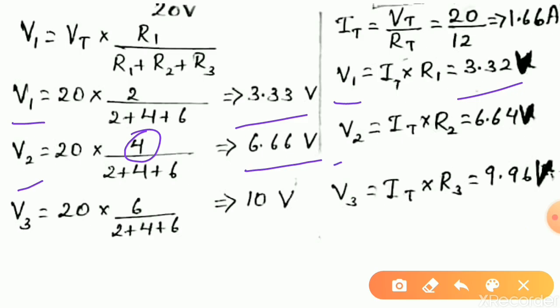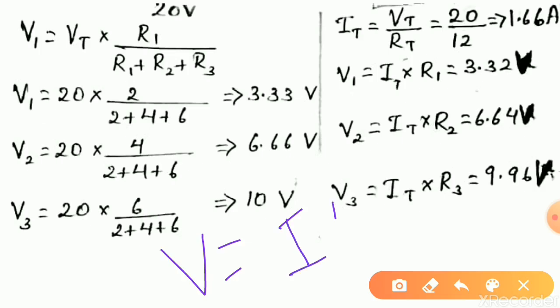From Ohm's law, we get V2 as 6.64 volt. For V3, the voltage drop across 6 ohm, we achieved 10 volt. From Ohm's law, we get 9.96 volt. The results are similar.